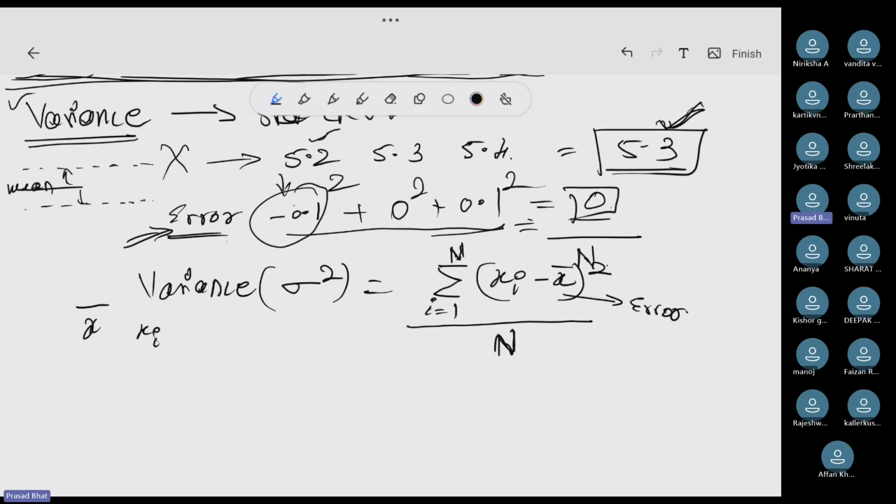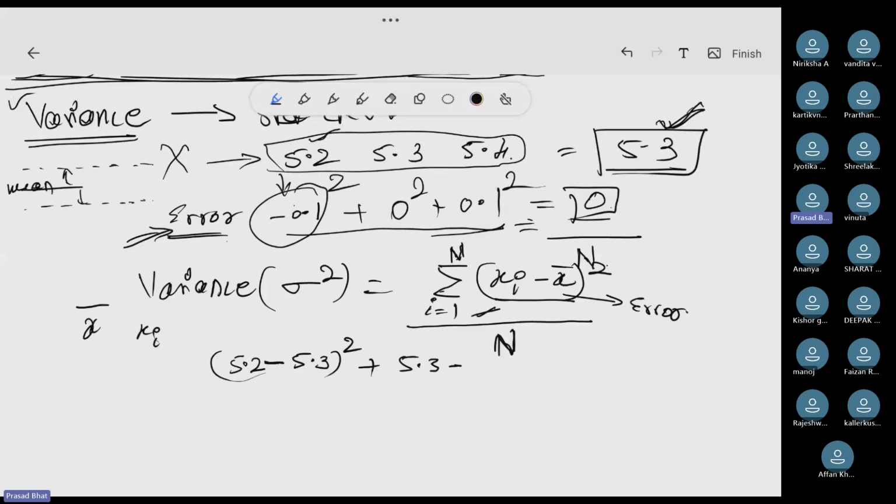If I have to do this for this particular sample space, what should I do? Look at this. I am expanding this summation. I have totally 3 samples. So the first iteration of the summation is going to be how much? 5.2 minus 5.3 squared plus 5.3 minus 5.3 squared plus 5.4 minus 5.3 squared, totally divided by 3.